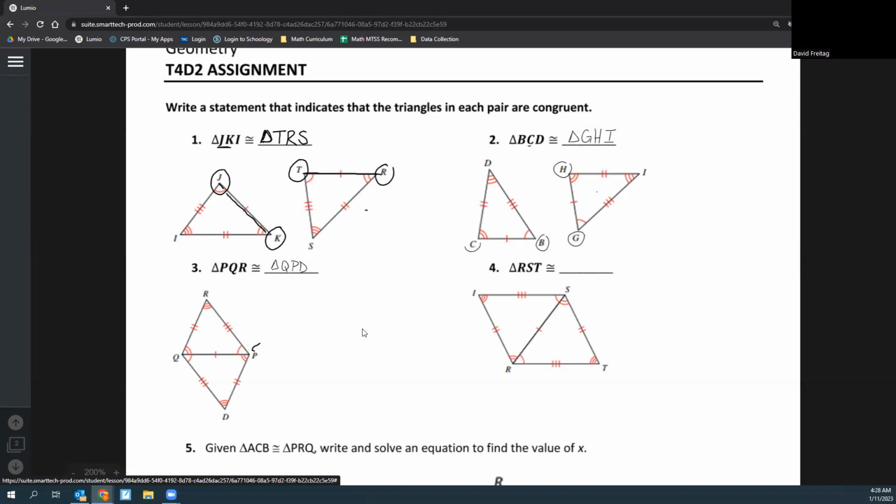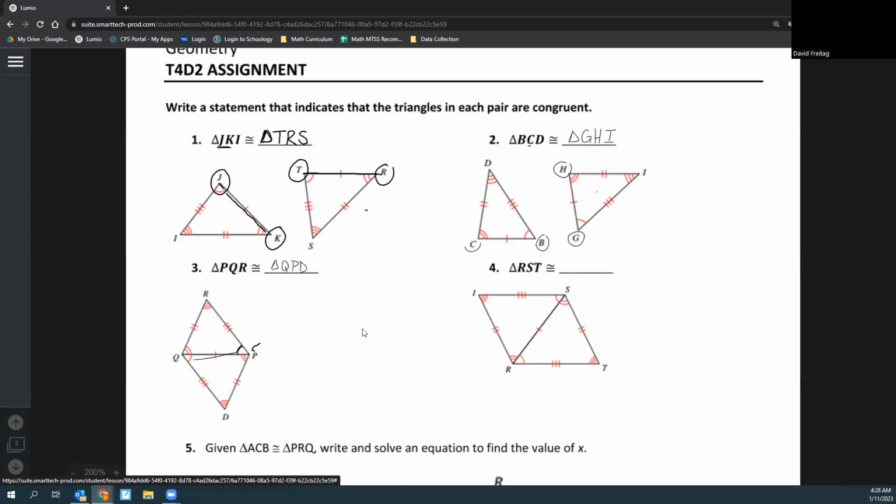One's a double arc, one's a single arc. You need to make sure that you're talking about which one I'm talking about. Same thing with P. P here is a single arc when it's PQR. So these 2 are the same.